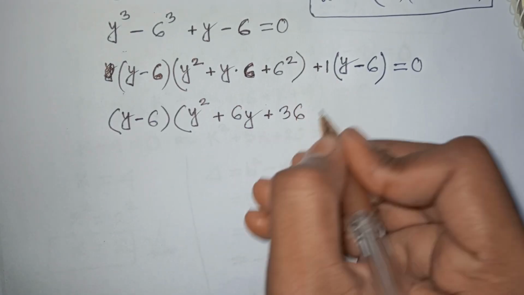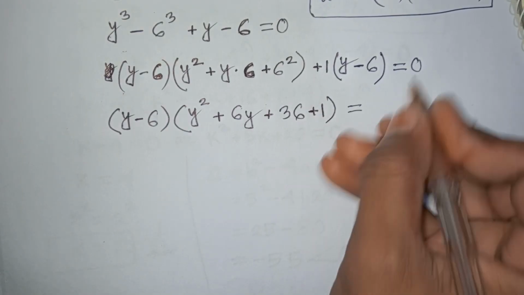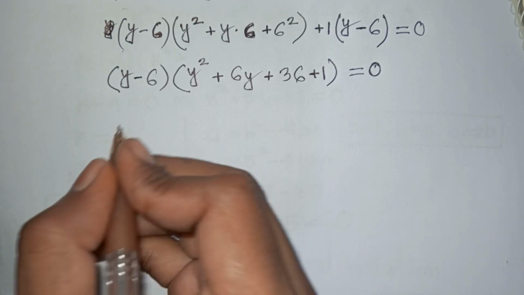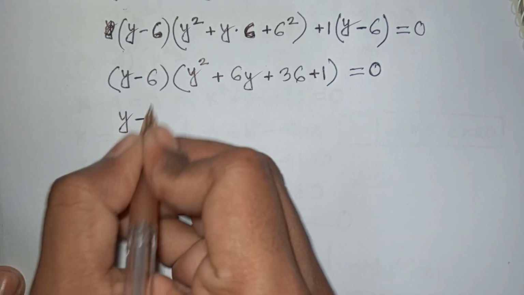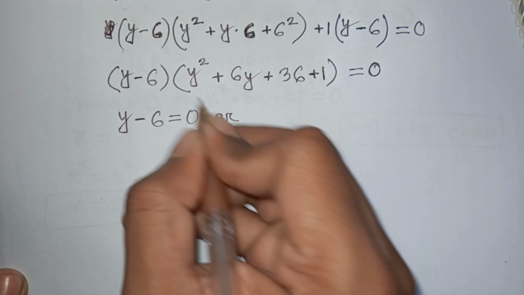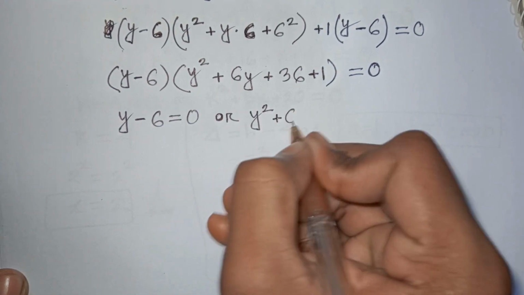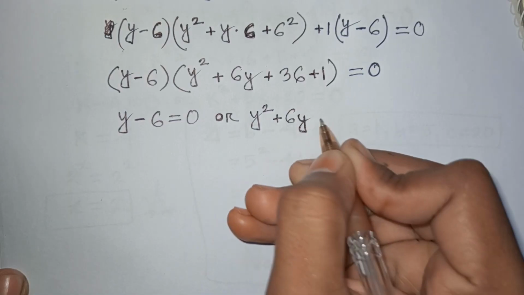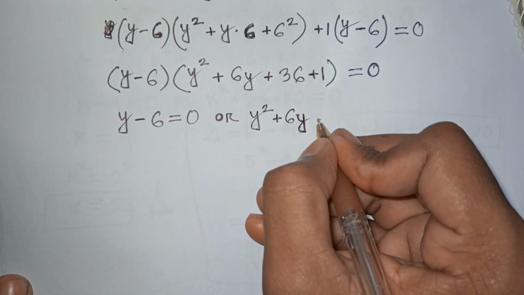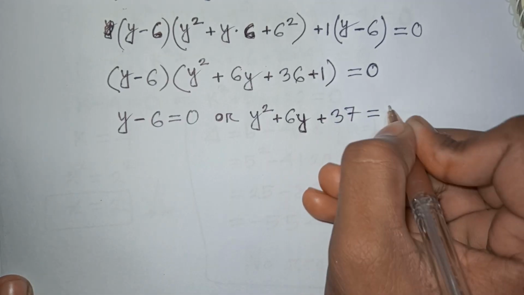So we have plus 1, bracket close, is equal to 0. In the next step, I can write here y minus 6 is equal to 0, or y square plus 6y plus 36 plus 1, that means plus 37, is equal to 0.